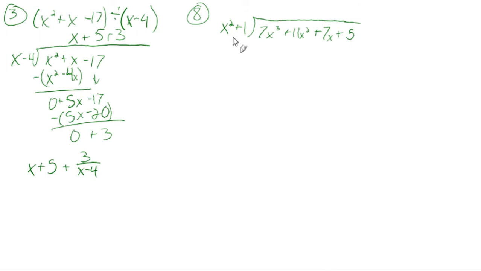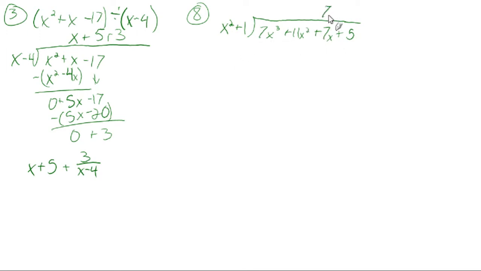It's the same whole process over again. You might notice there's an x squared here and not just an x, and that's okay. We can use long division to divide by anything we want. Synthetic division is not the same story, but long division we can. So what do we multiply x squared by to get 7x to the third? It takes 7x to multiply by x squared to get 7x to the third.